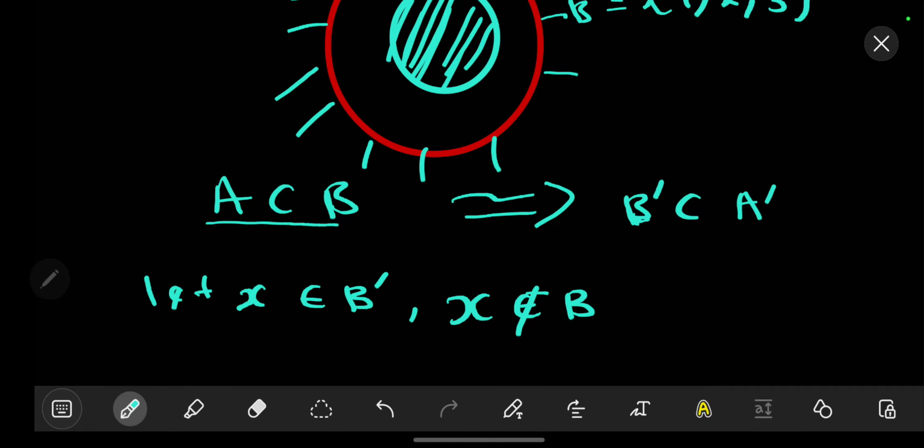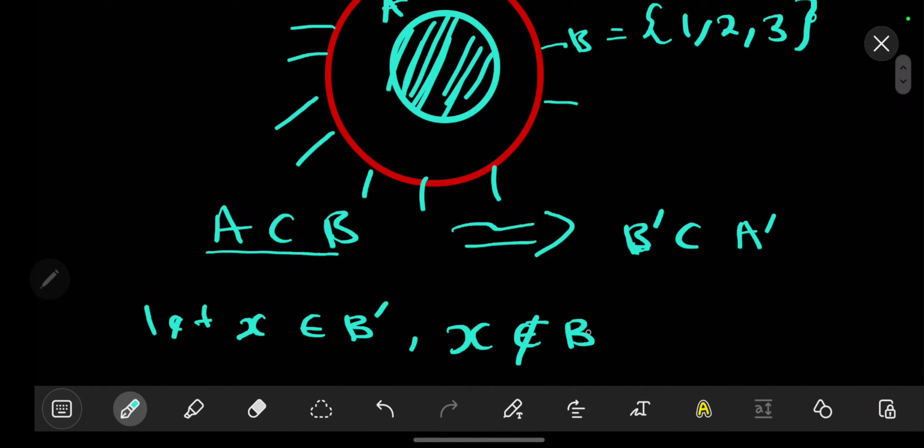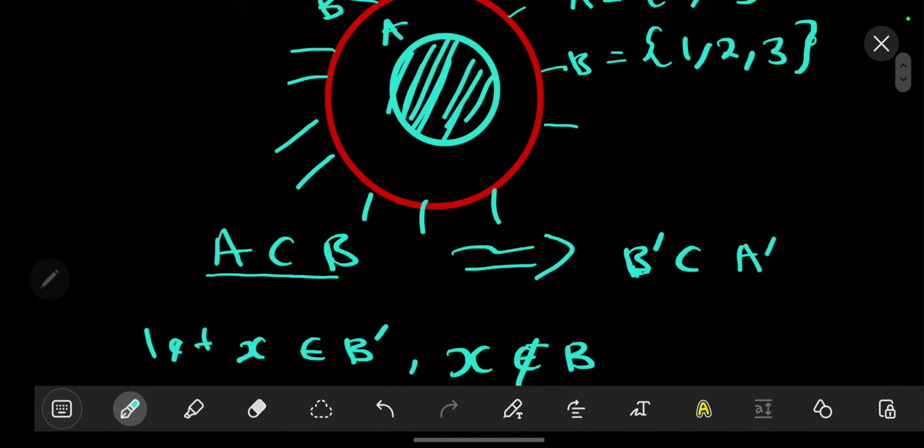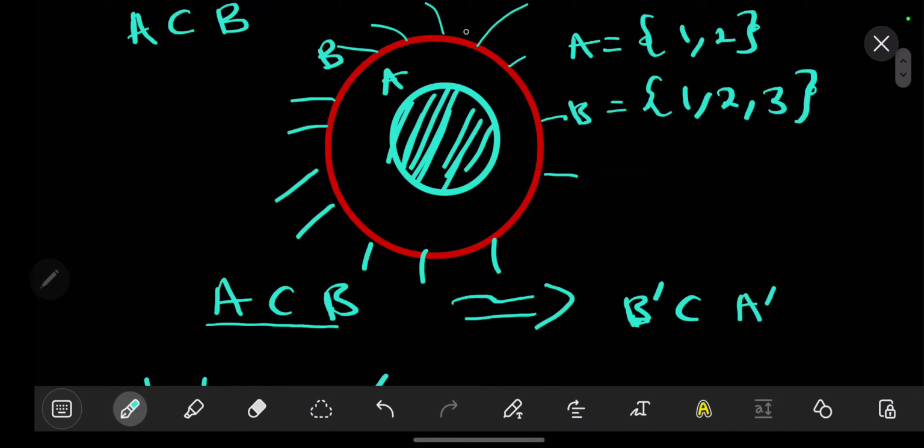Then the other thing that we are going to do is, since we have said that X is not a member of B, remember, B is the bigger set. We said that if A is {1, 2}, B will be {1, 2, 3}.